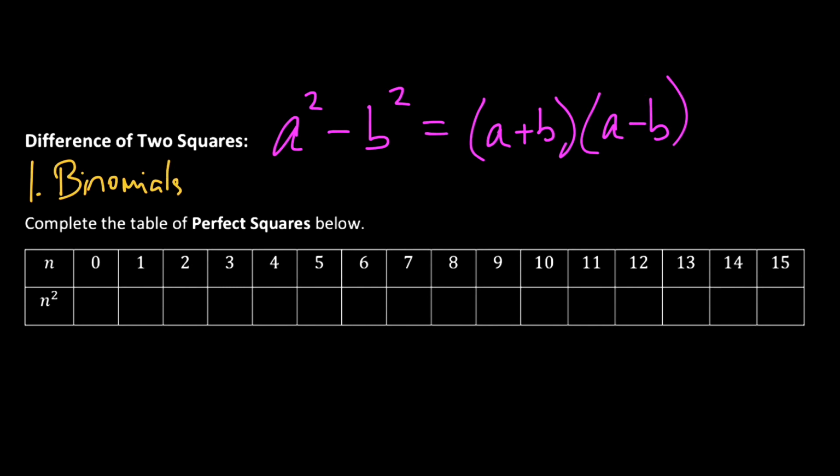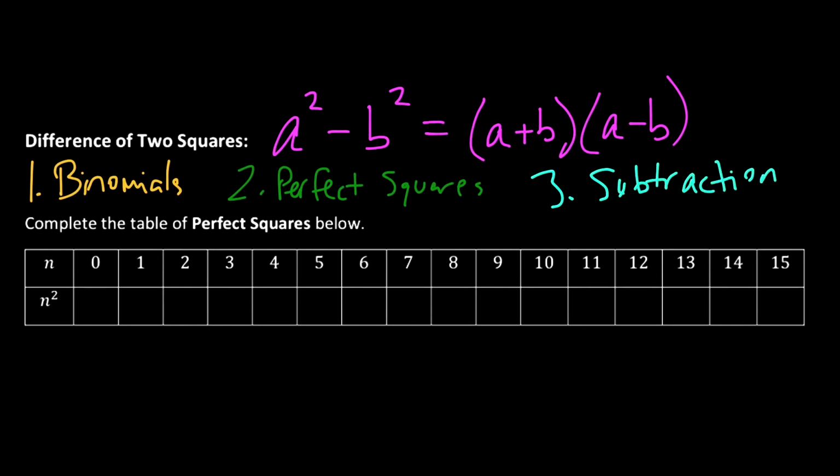Number two, these are things that are only perfect squares. So if either of these terms in my original binomial are not a perfect square, then we cannot factor with this a plus b times a minus b. And the last condition that needs to be met, number 3, is we need to be subtracting.